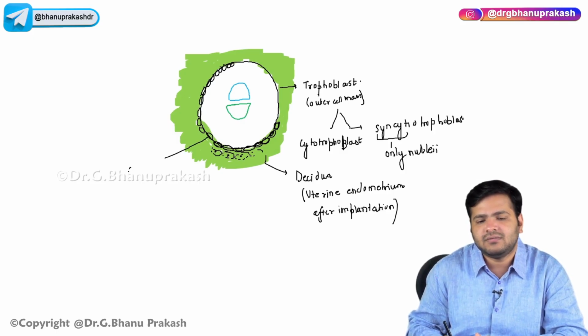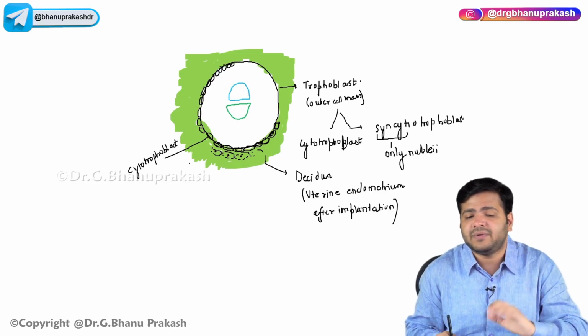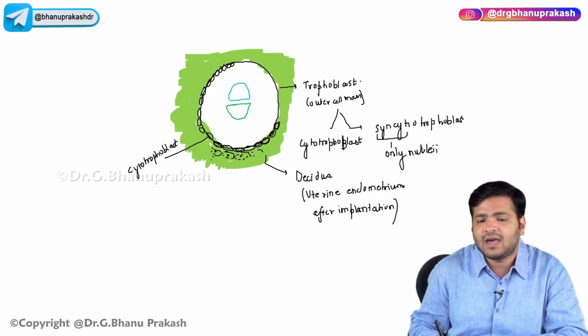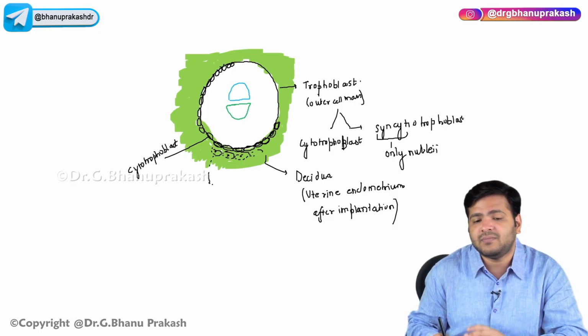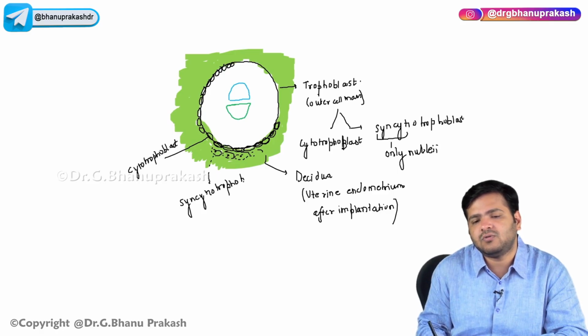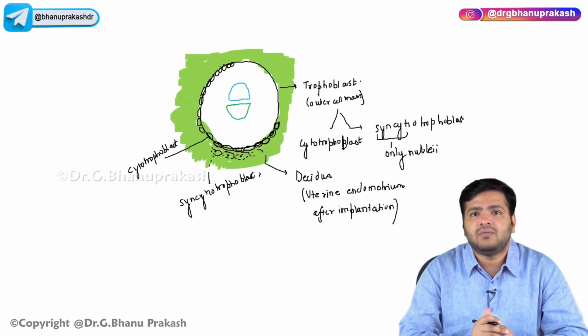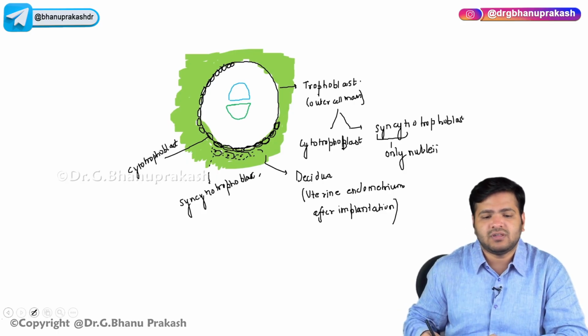So it is the cytotrophoblast which has its cell membrane intact. The one which has lost its cell membrane is called the syncytiotrophoblast. Syncytiotrophoblast, right?